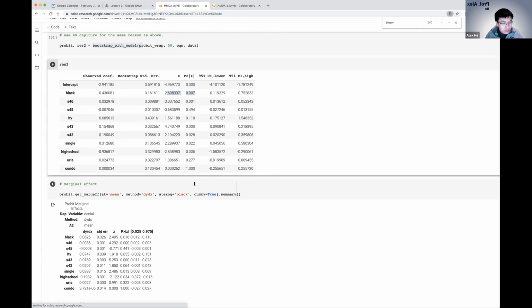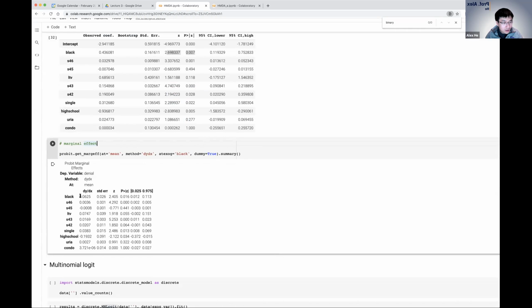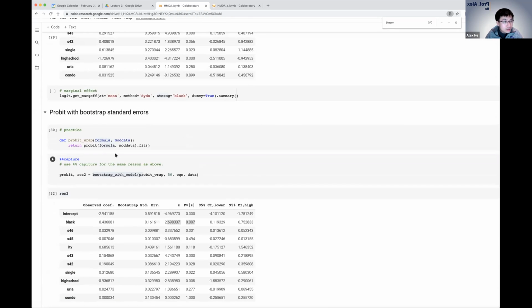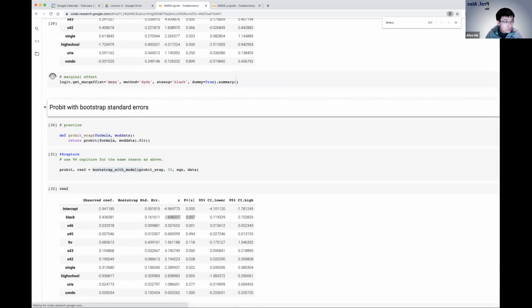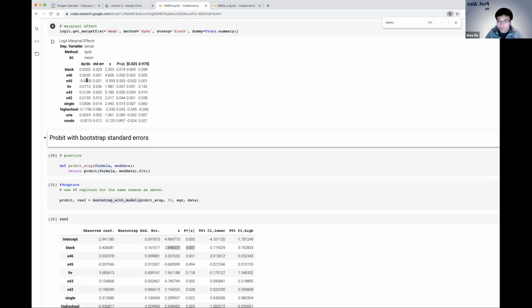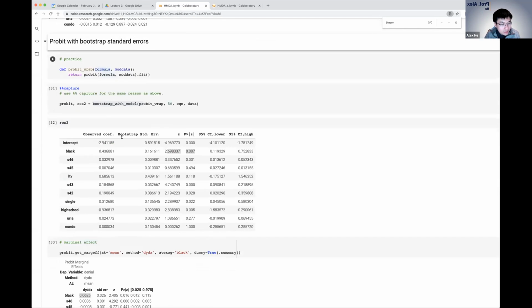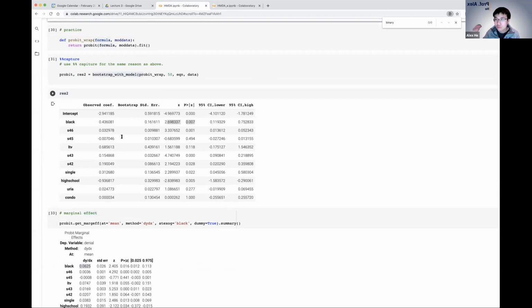But then if you look at the marginal effect, some of you get the same number as mine, which is 6%. And if you look at Logit, I believe that's 5%. So these two are actually very close. So again, that's the reason why, to interpret how big this effect is, you always need to calculate the marginal effect.